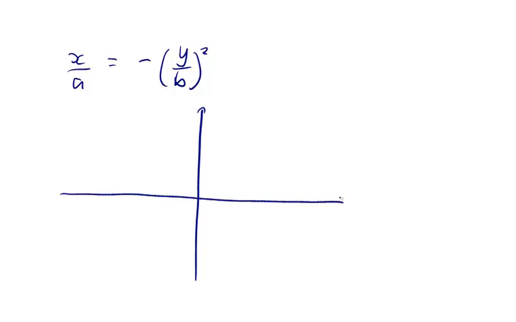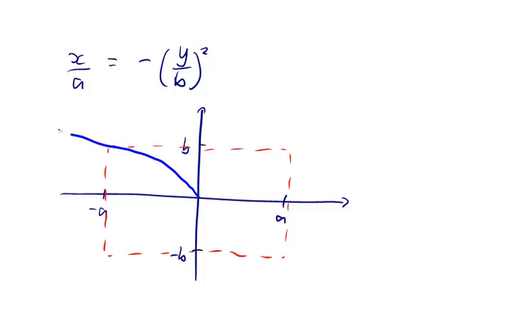So we'll draw our axes, we'll mark in A and minus A and B and minus B and draw a box. And this time the parabola faces this way. And that is how to draw conics using the method of boxes.